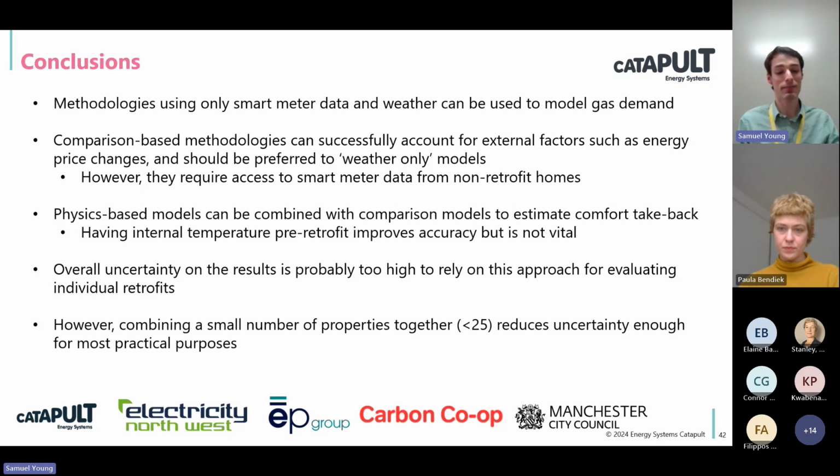The OpenEEMeter methodology does have modeling of hourly electricity or hourly gas, so it is possible to extend it into that time frame.